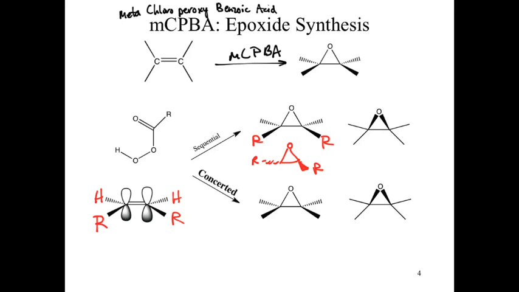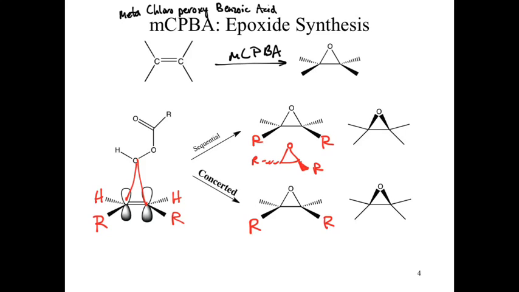Okay. The other option is we go through a concerted mechanism, and if we start with our alkene as it is, we form both the bonds at the exact same instant, or relatively close to it.